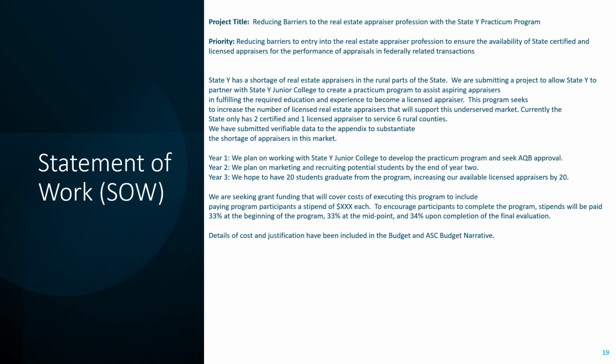So again, this is just a broad overview of what we'd be looking for in a statement of work: it identifies the project title, it ties to the priority, it explains a little bit of how the program will be executed from year one to year three, understanding that things change, but at least we have an idea of what the plan is, because that's all the statement of work is, a plan of how you will execute.